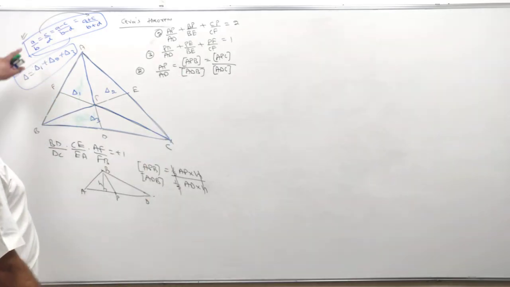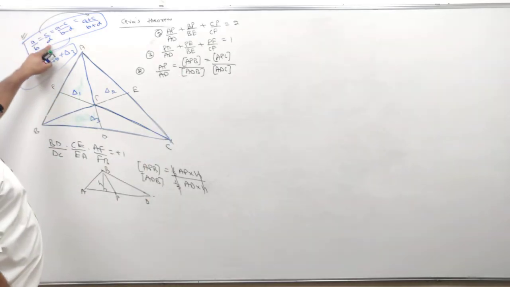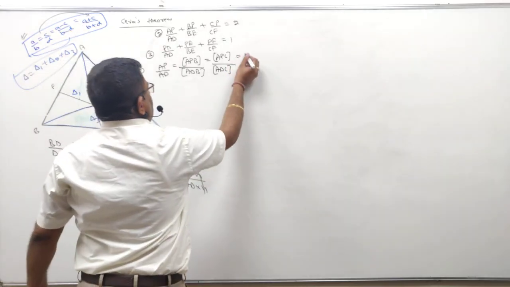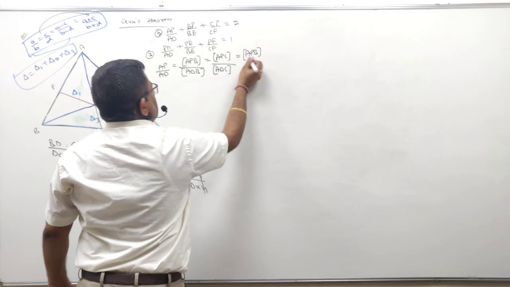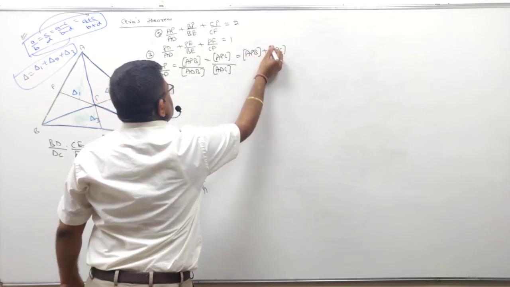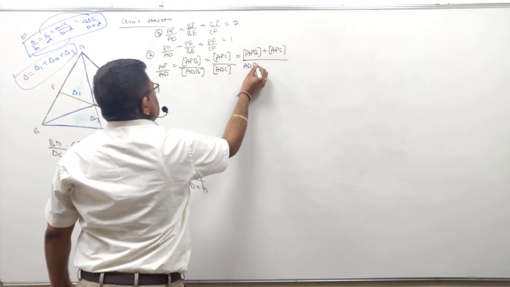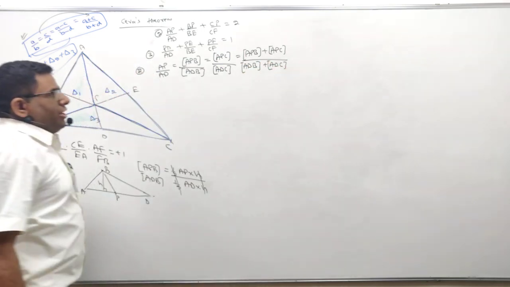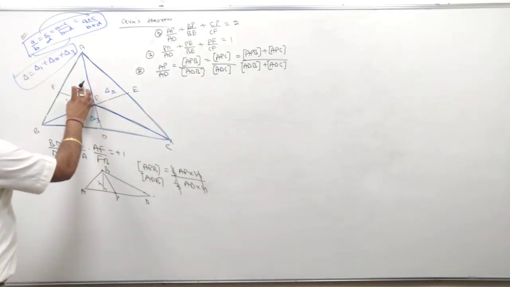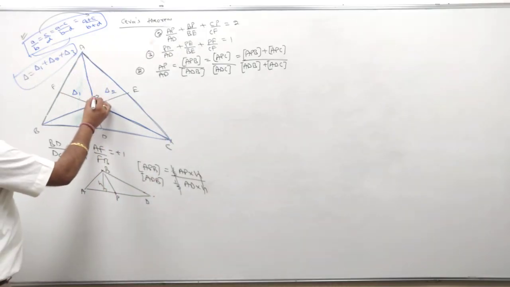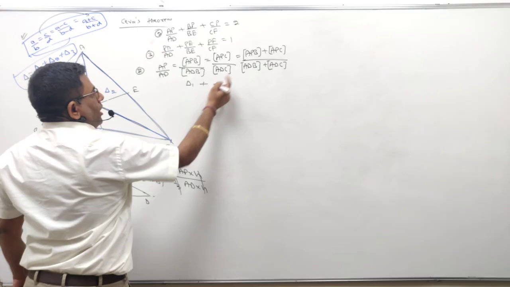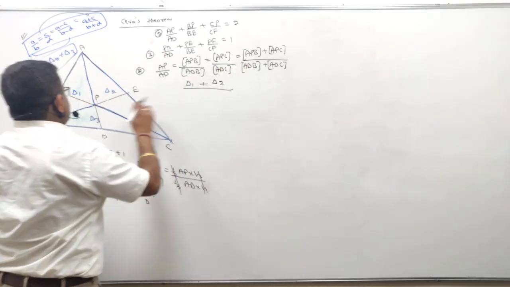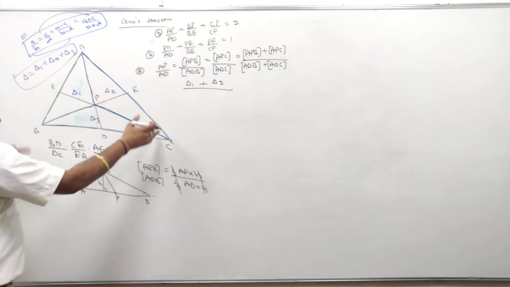And again I am using this result: if A upon B is equal to C by D, then we can use A plus C upon B plus D. That is APB plus APC upon ADB plus ADC. Now APB is delta 1 and APC is delta 2. Here ADB plus ADC becomes area ABC.